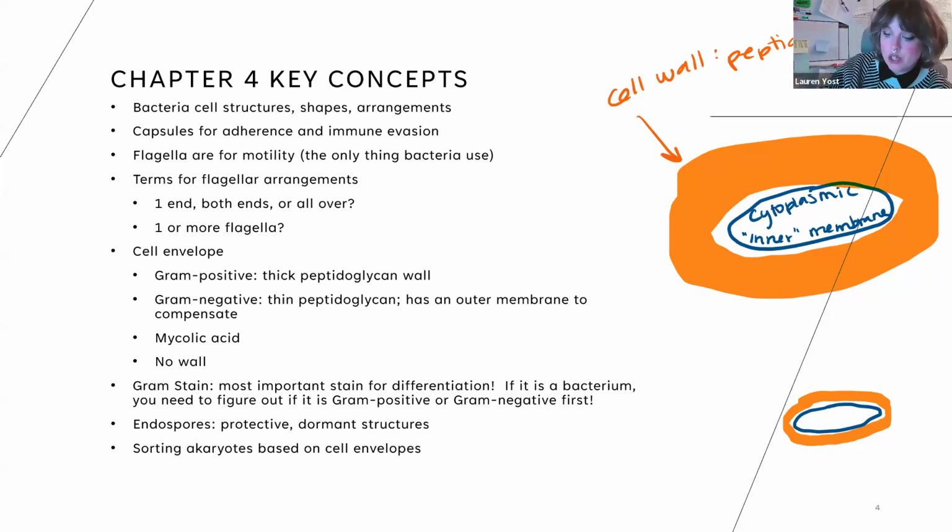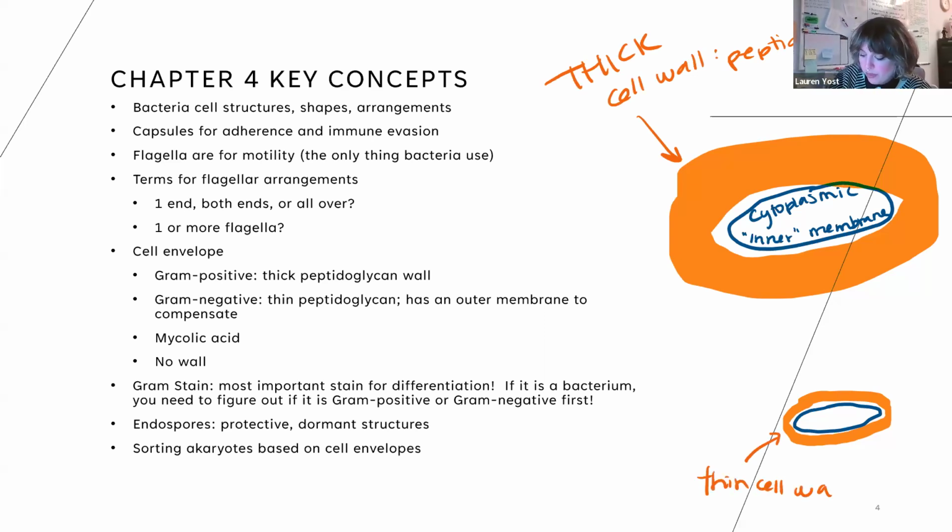In our top picture, we have a really thick one. In our bottom picture, it's a thin one. Both are made of peptidoglycan. And what is peptidoglycan? It is in the name. Peptido, peptides. What are peptides? They're amino acids that are linked together, right?